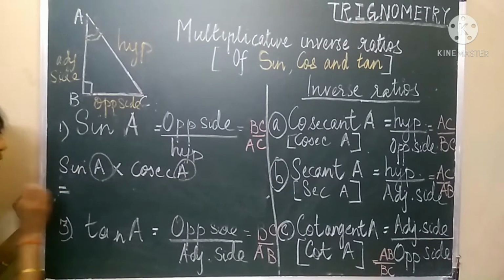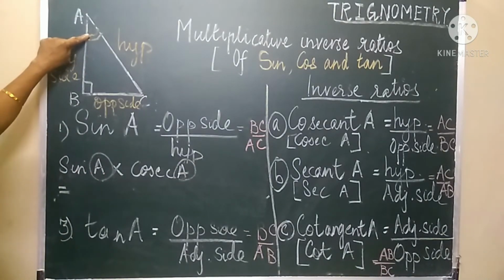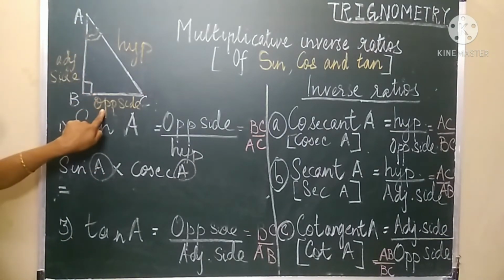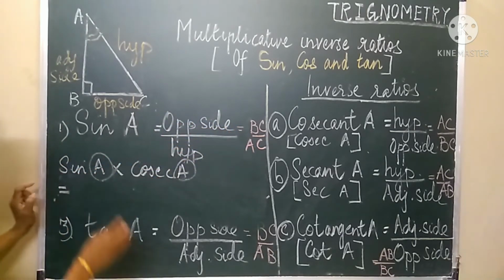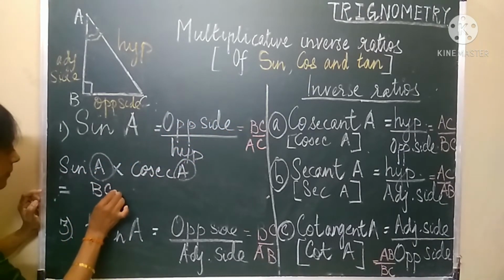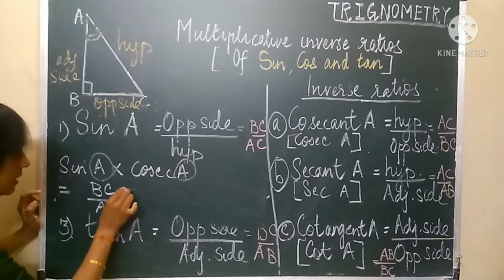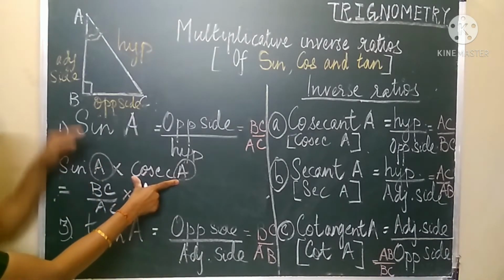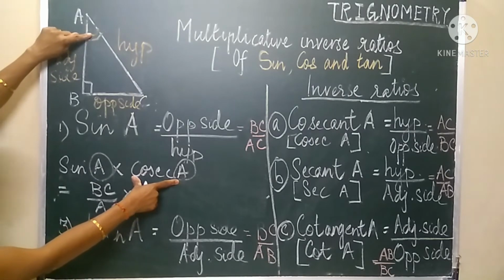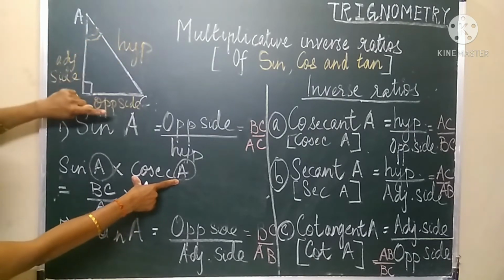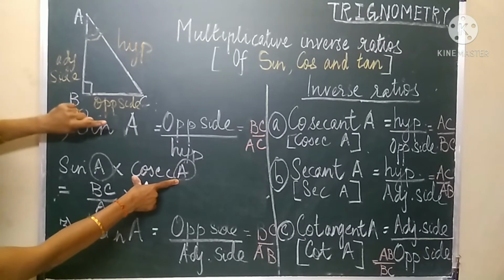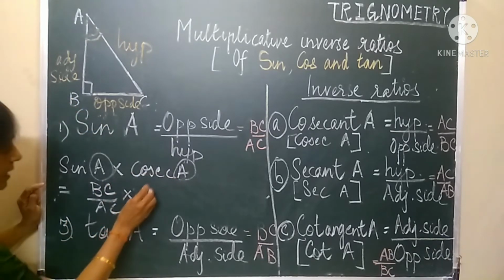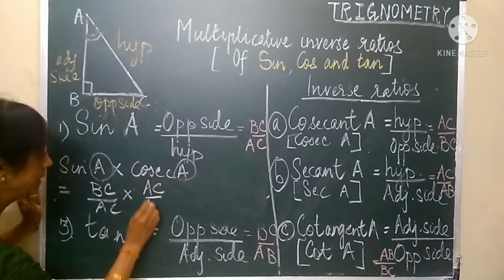What answer do we get? What is sine of angle A? Sine of angle A is opposite side upon hypotenuse, that is BC upon AC, multiplied by its reciprocal, by its inverse. Cosec of angle A will be hypotenuse upon opposite side, that is AC upon BC, just its opposite.